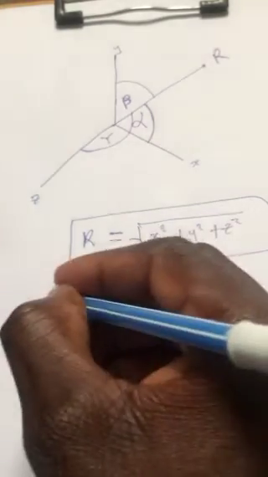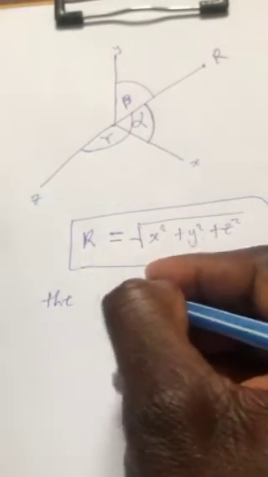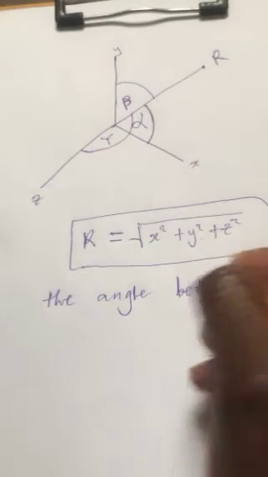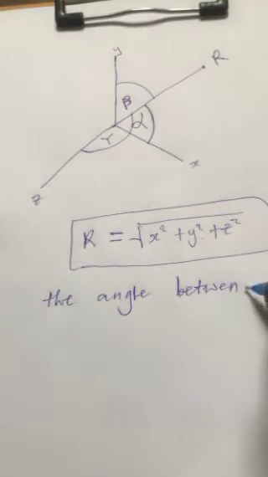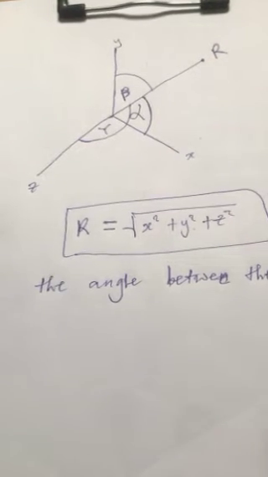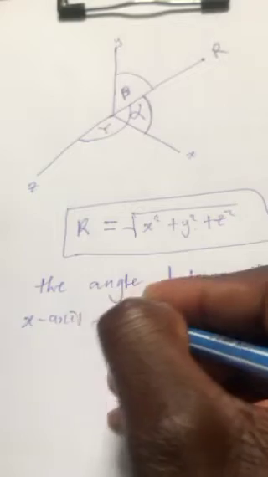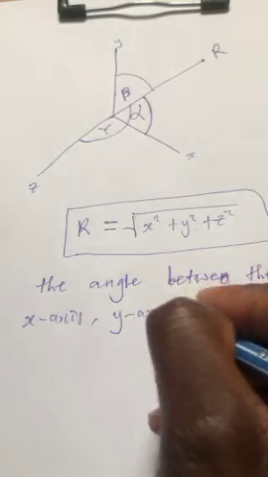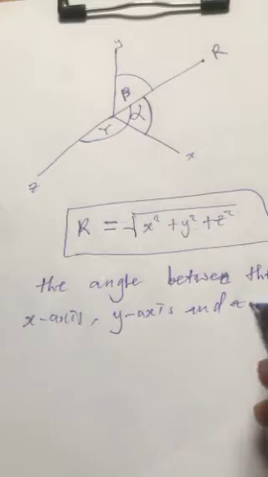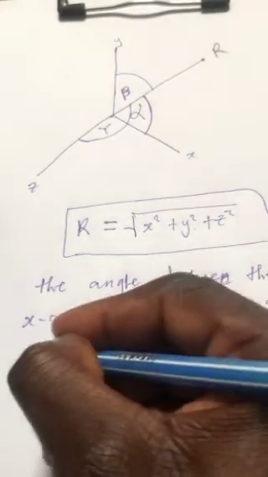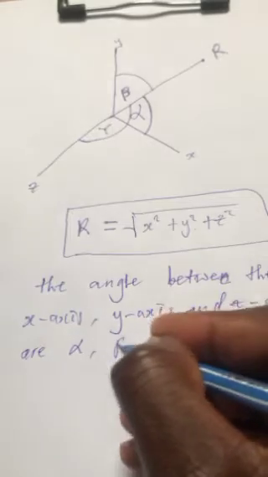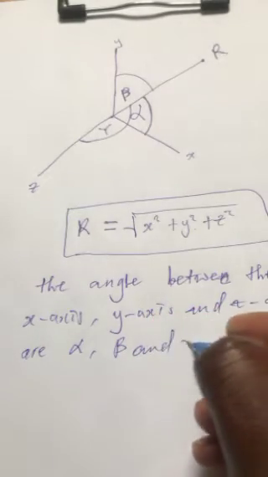So I'll say the angles between the x-axis, y-axis, and z-axis are alpha, beta, and gamma respectively.